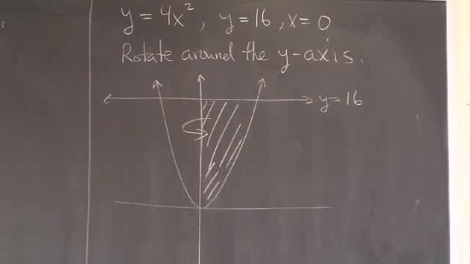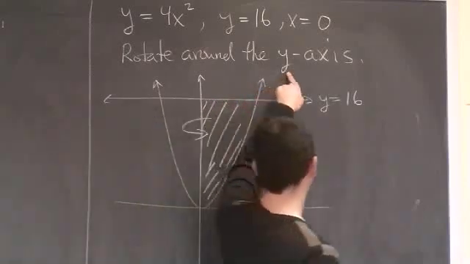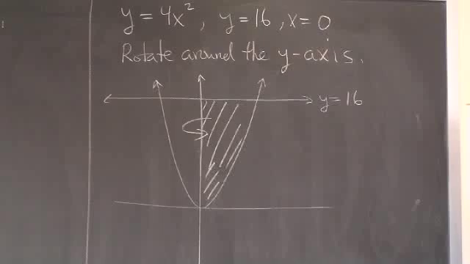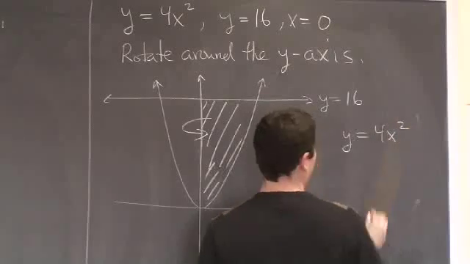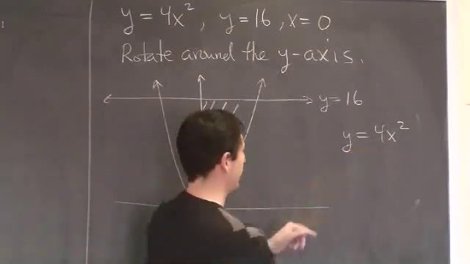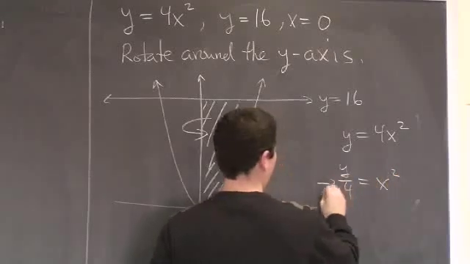So which method should we use? Disk? Okay, so if we want to do the disk method, since we're rotating around the y-axis, we have to write everything in terms of y's. So if we have y equals 4x squared, then we have to divide by 4 to get x squared.